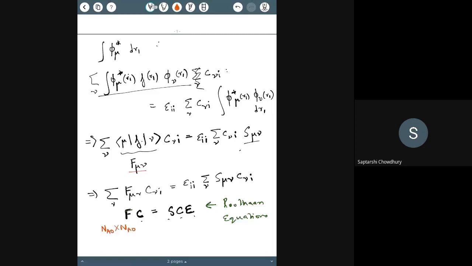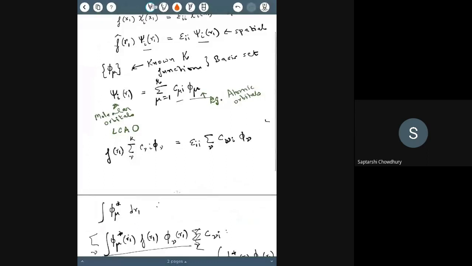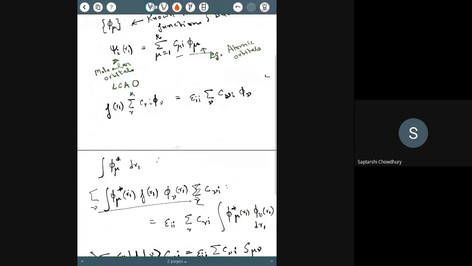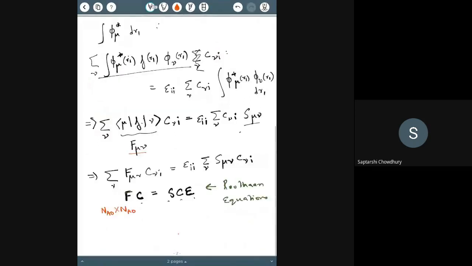The coefficient matrix, remember, it was defined as a combination of the atomic orbitals to give me the MO. So it is N_AO by N_MO. Does this work? Okay, this is this.